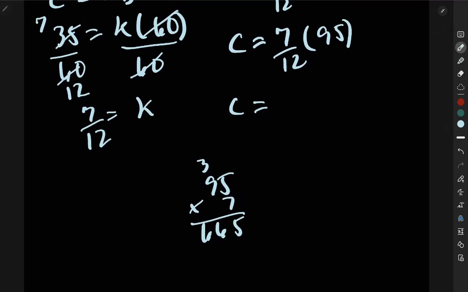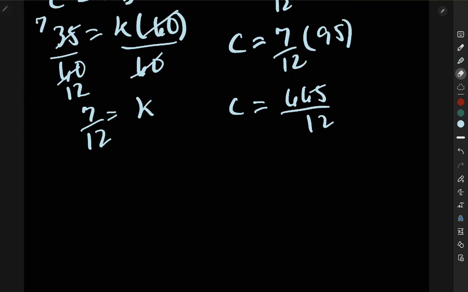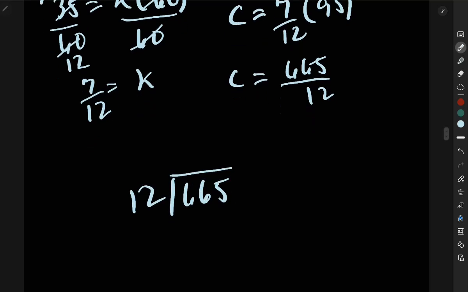So that is 665 divided by 12. So we're going to divide 665 by 12.